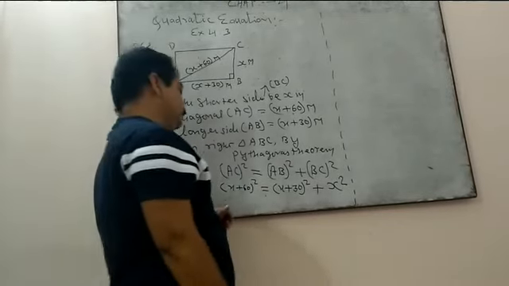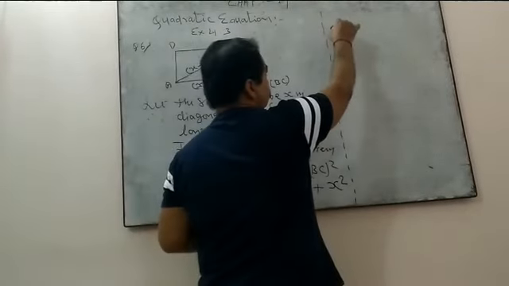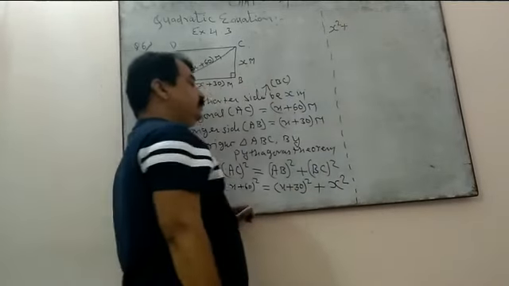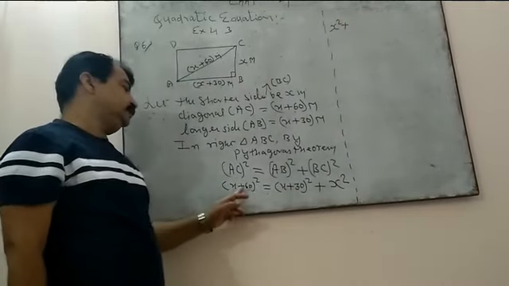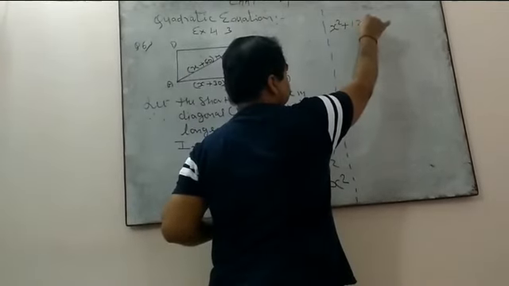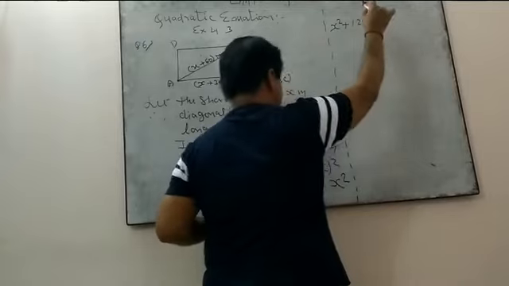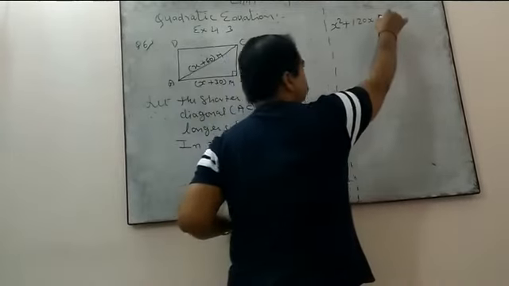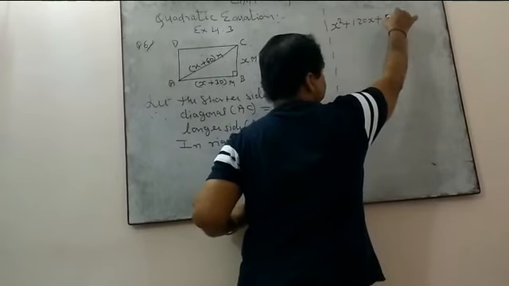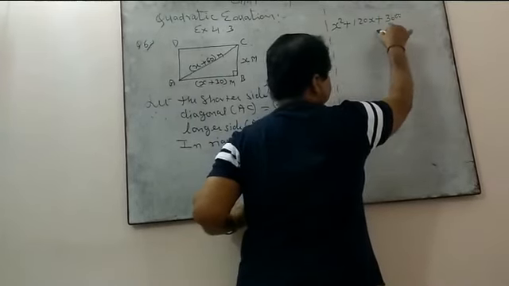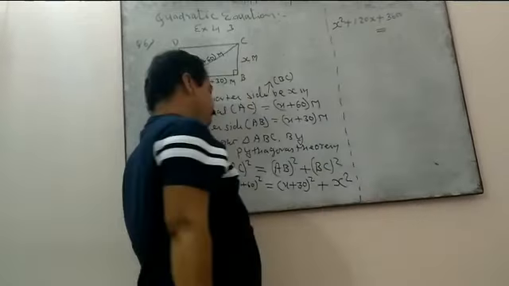So now see, (x plus 60) whole square: a square that is x square, 2ab, 2 into x into 60, so we get 120x. Then b square, b value is 60, so 60 square, that is 3600.